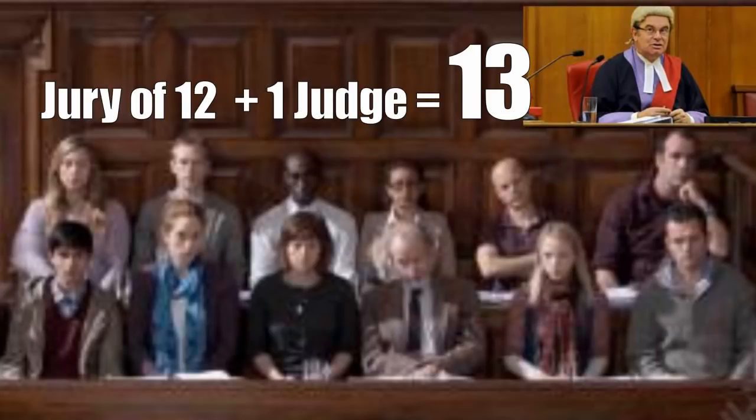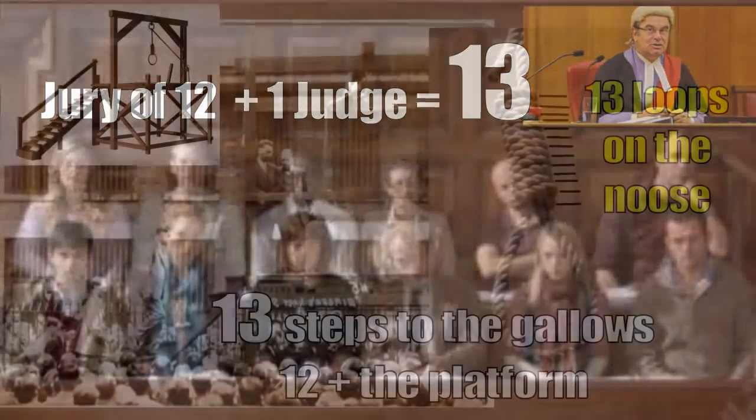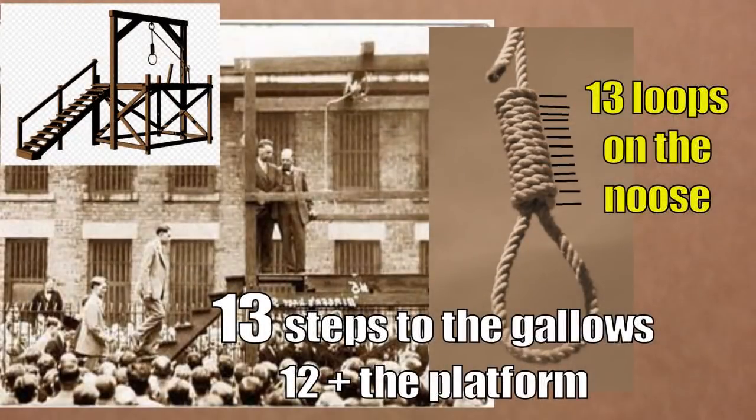Now this will also extend into hanging, and the symbolism of the gallows also links to the 12 plus the 1 being 13. In America, Britain and elsewhere, especially in the last few centuries, there are multiple references connecting the gallows and 13.